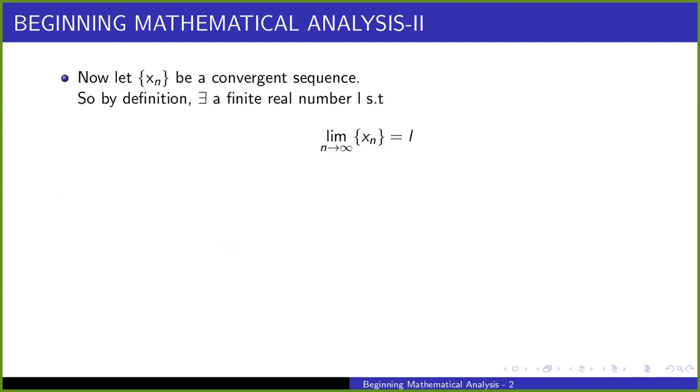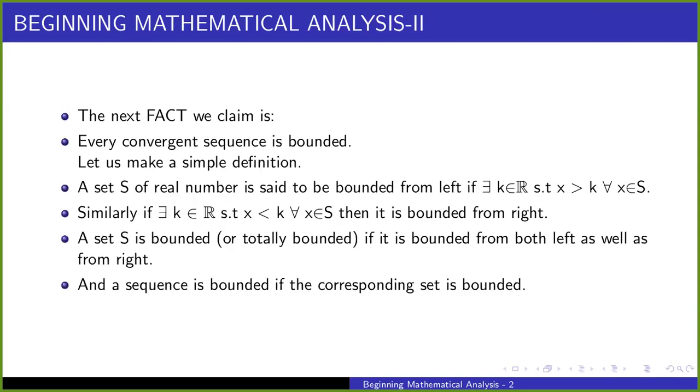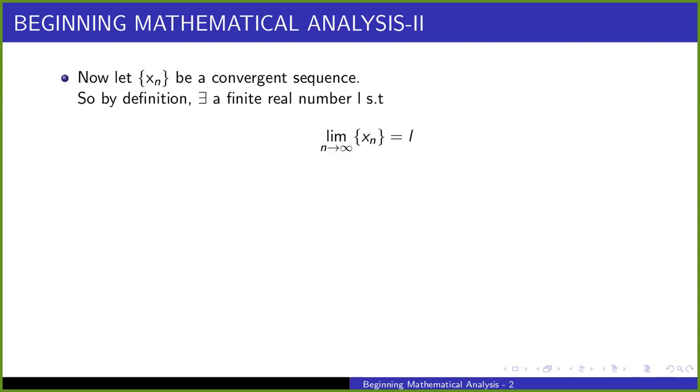Now let xn be a convergent sequence. Remember, my claim is that every convergent sequence is bounded. By definition, there exists a finite real number L such that the limit of xn is L, or equivalently, we also saw it in terms of epsilon steadiness.